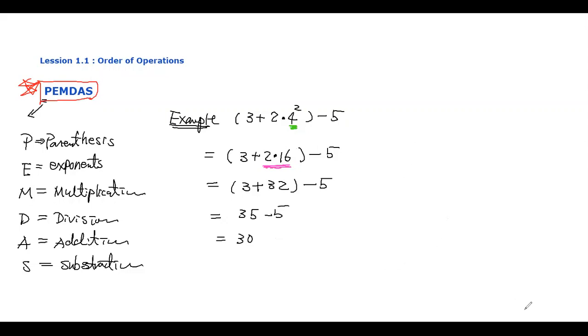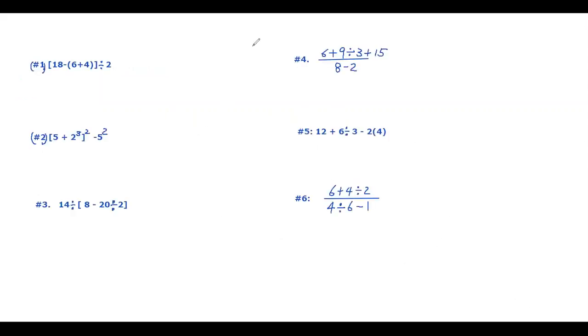All right, let's take a look at the problems. Problem number 1 is 18 minus the quantity 6 plus 4, divided by 2. The innermost parentheses take the priority. What is 6 plus 4? It's 10.